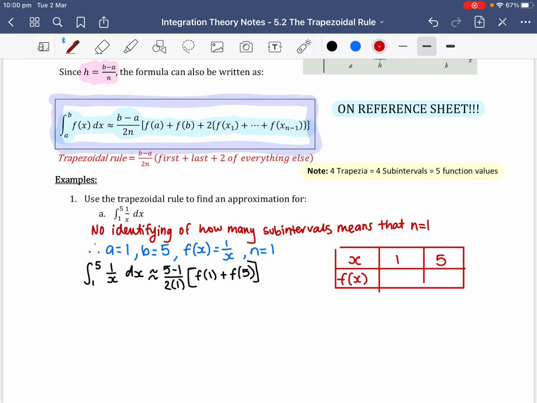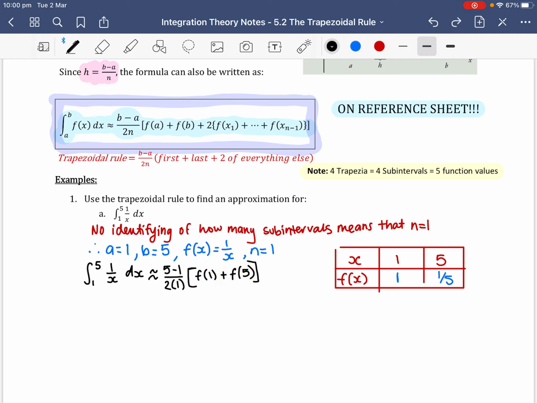So when we sub in 1 into our function, what we get is 1 over 1, which equals 1. And when we sub 5 into our function, we'll have 1 over 5. So we can now substitute these values in for our f of 1 and our f of 5.